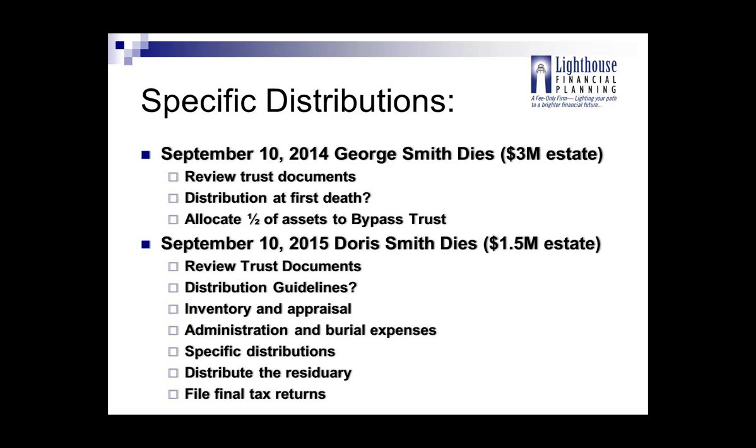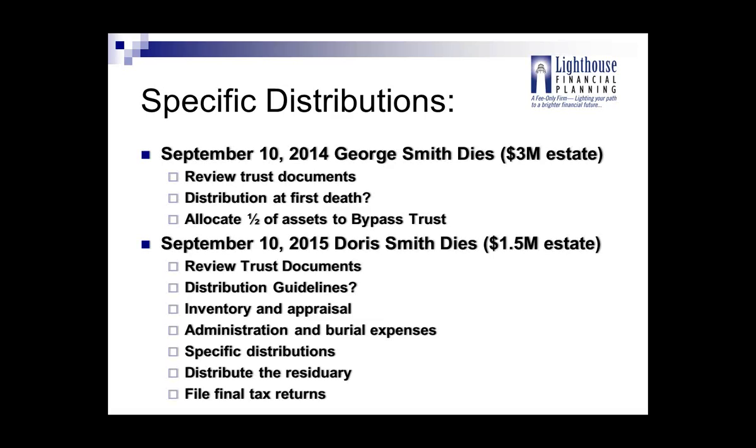She may have to allocate George's 1/2 of the trust estate to a bypass trust to ensure those assets are not subject to estate taxes 1 year later when she ultimately passes away. Now, for a broader discussion of a bypass trust and some of these vehicles and tools we have to shelter assets from estate tax, feel free to contact myself or Jim and Debbie for a more in-depth discussion of those techniques.